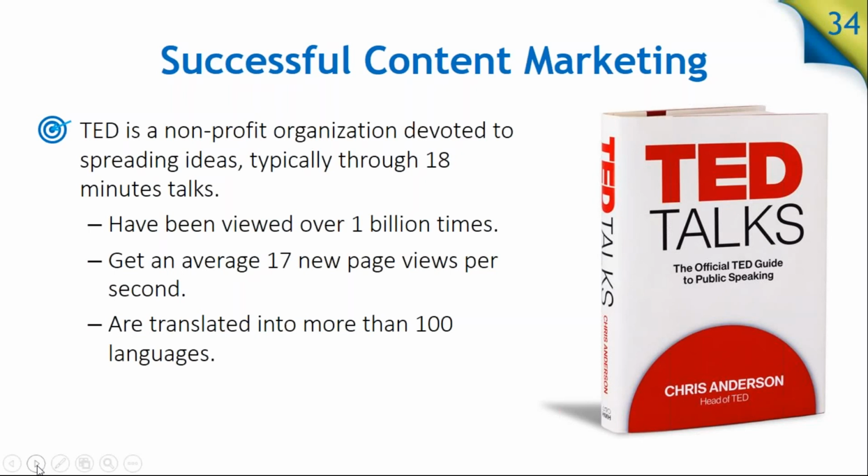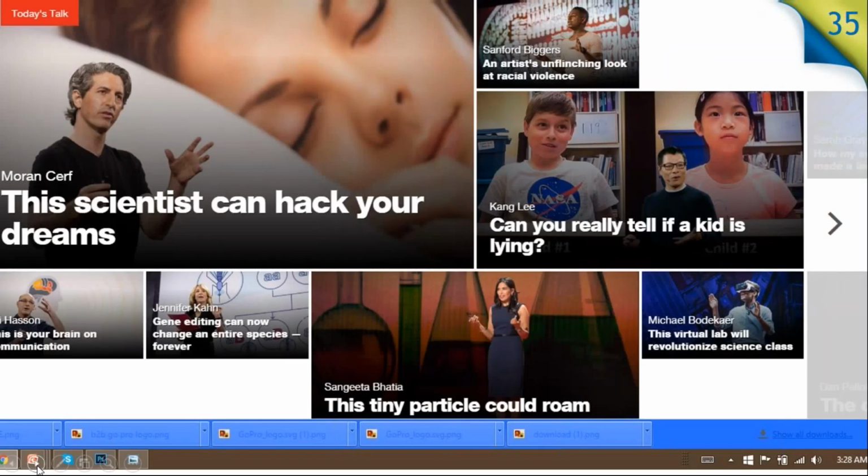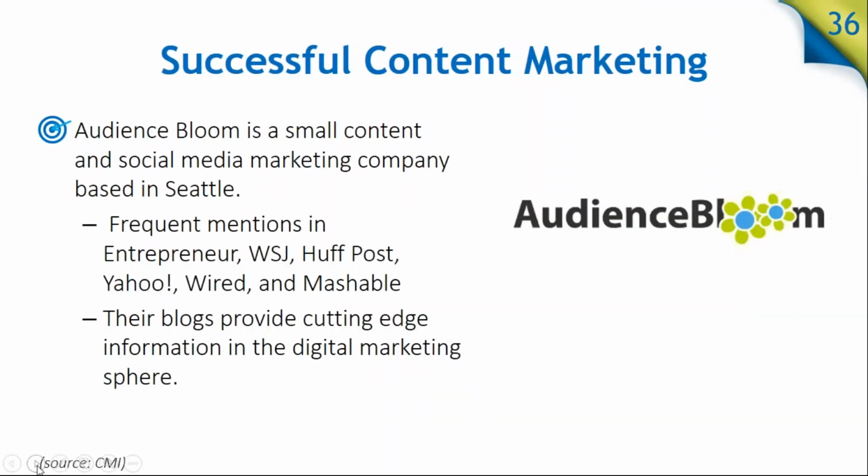I mean, they have been viewed over 1 billion times. This is a company that has really dominated great videos and long-form videos as their content marketing and are probably doing it better than anyone else. Really wonderful and educational, but also entertaining. There's a whole mixture of things you can get out of TED.